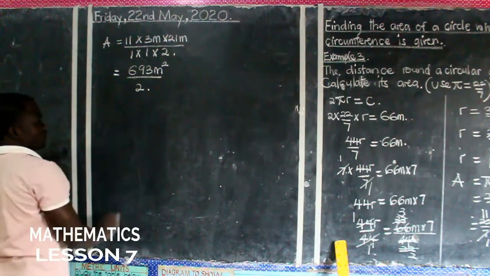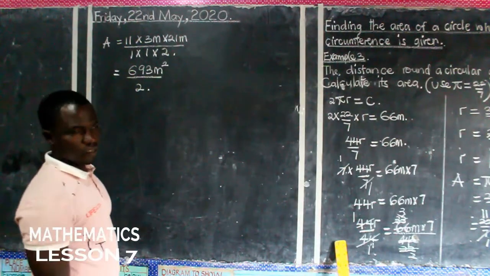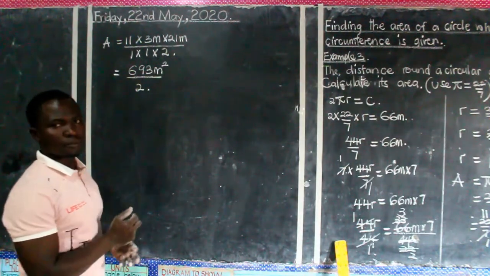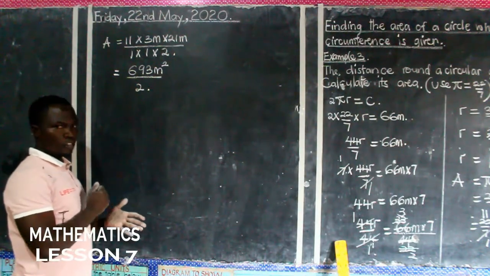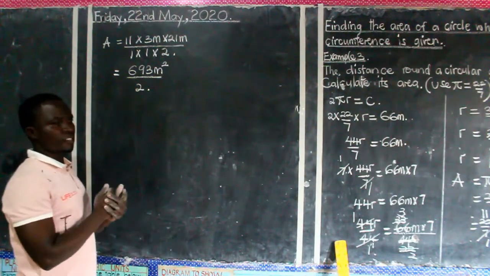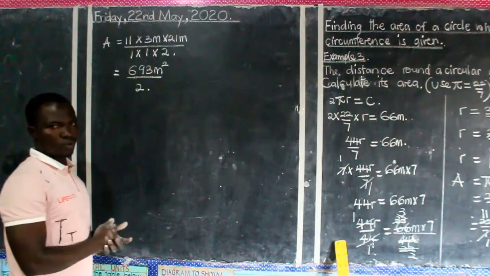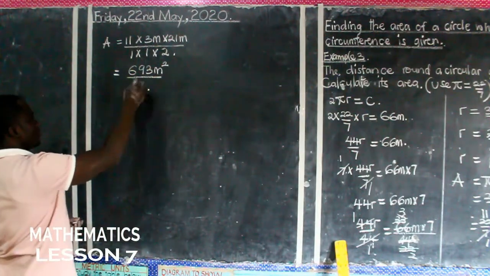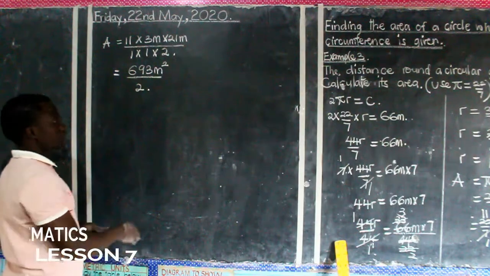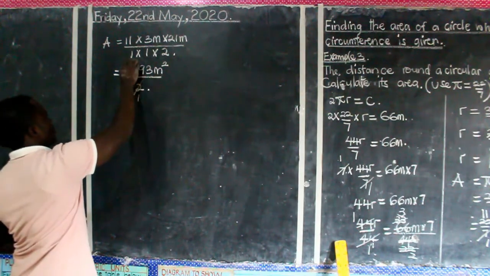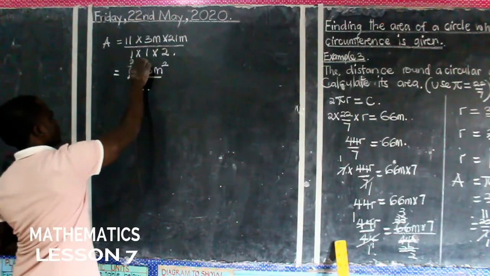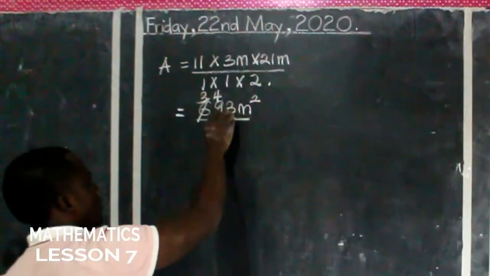When you reach here, don't leave your answer as an improper fraction like this. Change it into a mixed fraction, because when you leave it at this stage, it will be marked wrong. So let's go on and divide to change it into a mixed fraction. By 2 once. 6 by 2, it is 3. By 2 here we shall have 4, remaining 1.